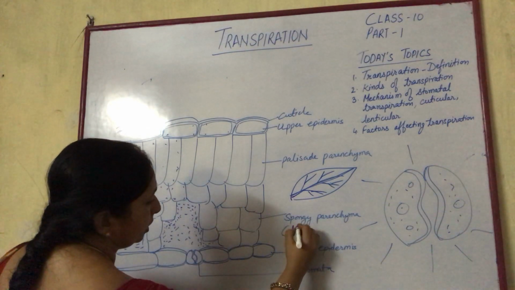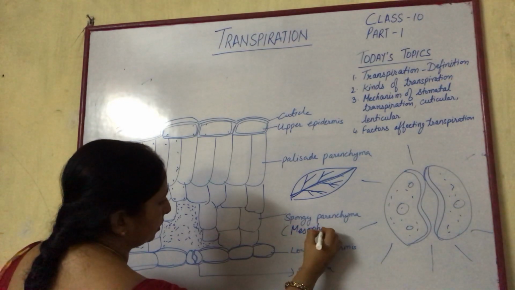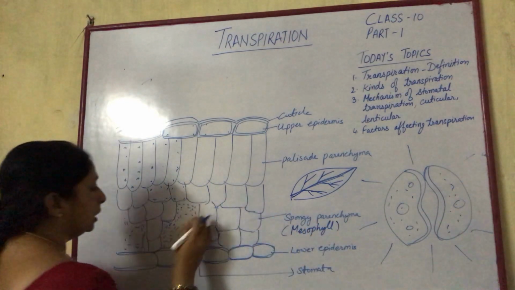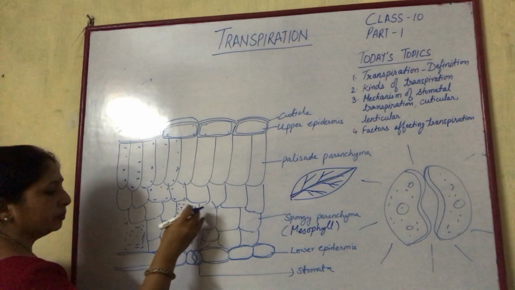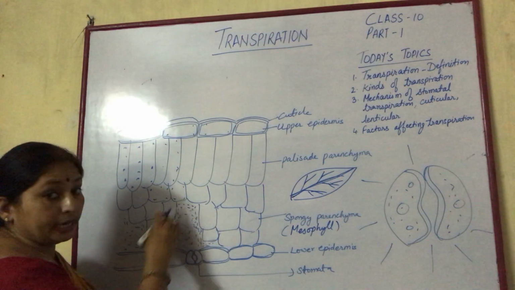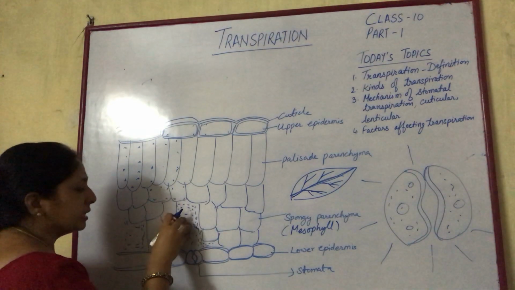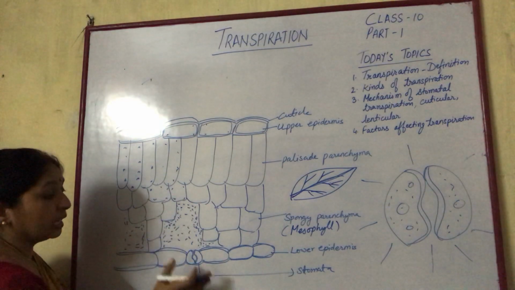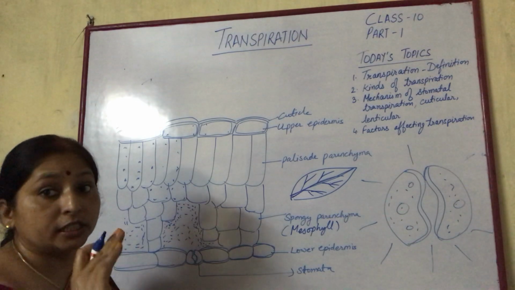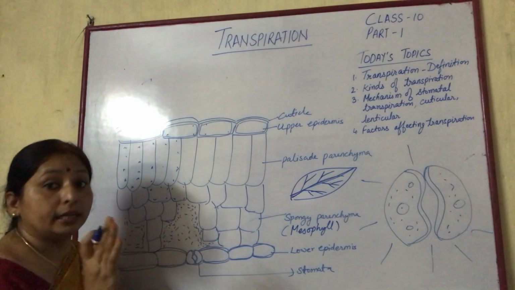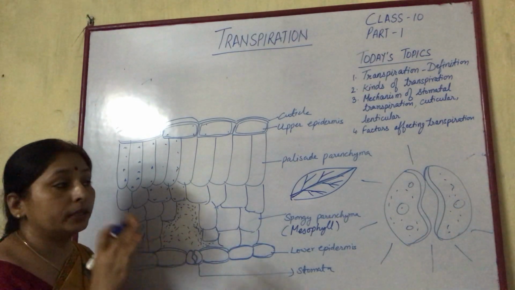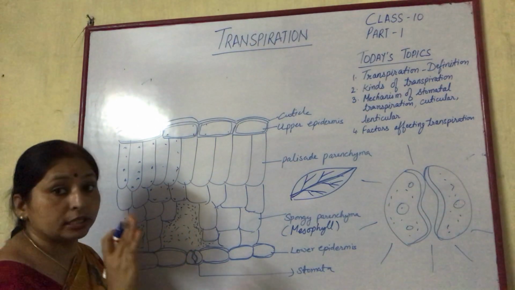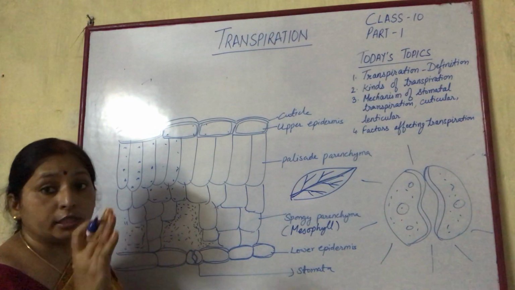Spongy parenchyma or mesophyll cells. Evaporation of water from the mesophyll spongy cells to the intercellular space increases the concentration of water vapor here as compared to outside. As we have already studied in diffusion and osmosis, the movement of water vapor or any substance is always from higher concentration to lower.